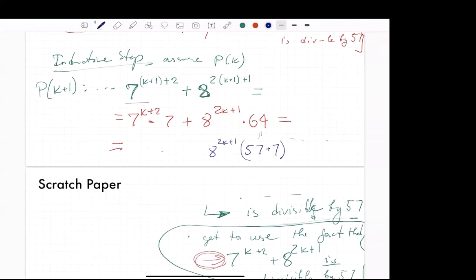And this is 7. Now let me use the red ones here. So here's what we have.